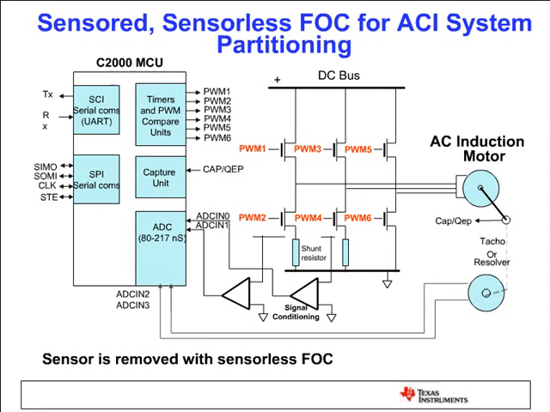And again, we can use the capture or QEP circuit. Capture is used for tachometers. QEP circuit, on-chip QEP circuit is used for incremental encoders. Incremental encoders basically provide 2 pulses with 90-degree phase shift, AB pulses, and there is an index, which is just a single pulse per revolution, and resets the counter.